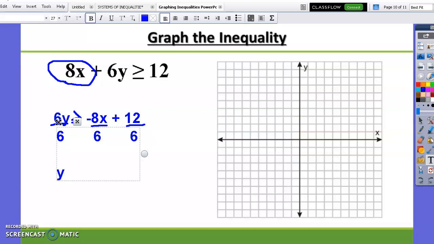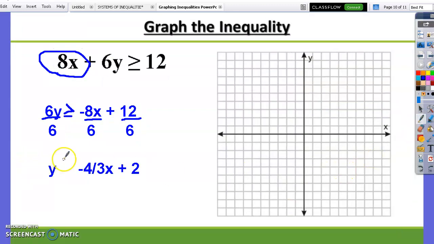I'm going to skip a space so I can put my inequality. Negative 8x over 6 reduces to negative 4 over 3. And 12 divided by 6 is positive 2. Let me put my inequality in here. Alright, so now this is in y equals mx plus b form.